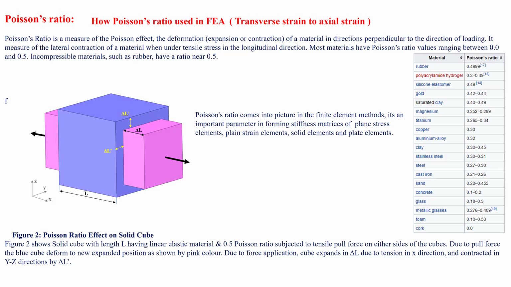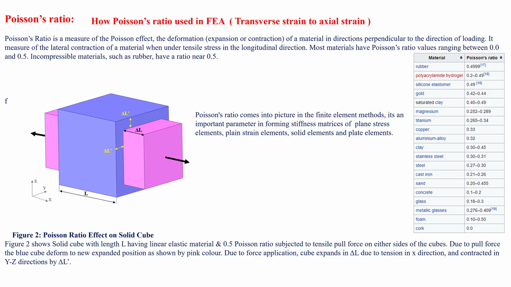It's quite clear. When it comes to Poisson's ratio, how is Poisson's ratio used in FEA? The formula is transverse strain to axial strain. It is the measure of the Poisson effect, in simple terms the deformation, expansion or contraction.